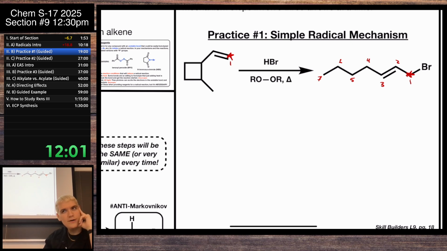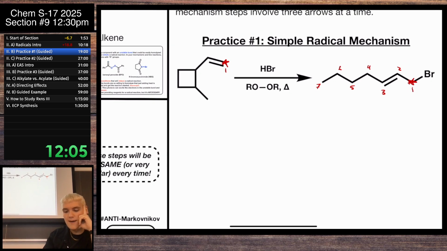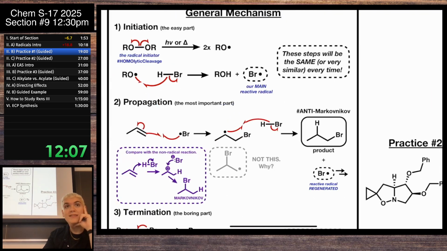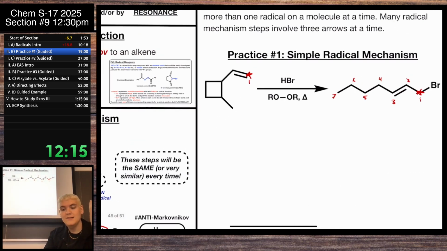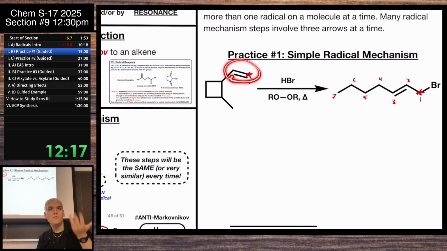Do you buy that so far? Okay. Because the first step of the reaction when the alkene reacts with the radical species is it adds the bromine on the less substituted side. And so based on that, because this is the only reactive part of the molecule when we first start, and we know it's going to grab a bromine, it probably added here.